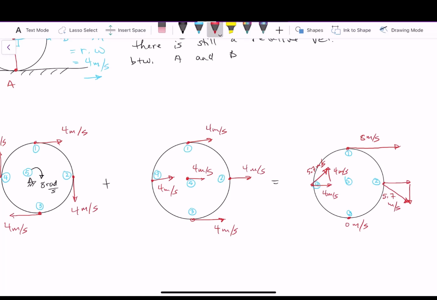And in fact, if we break this up into its components, we see that that is actually what's happening at that point. It's kind of like at that instant, it's rotating about that point. And if that's the case, then we can actually draw a radius arm to any other point on this disk.